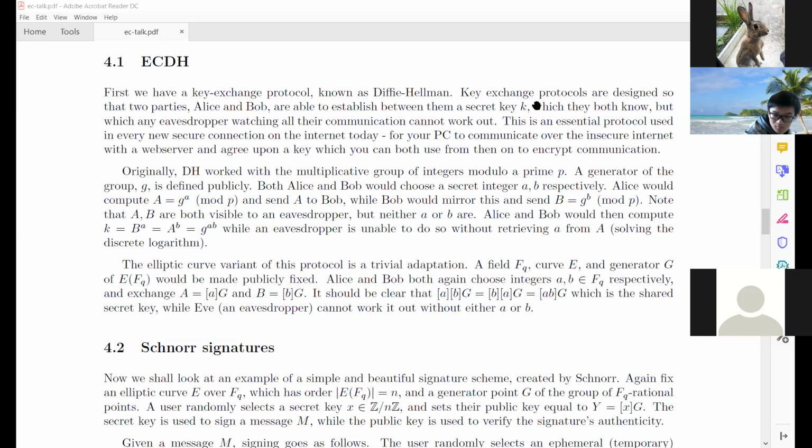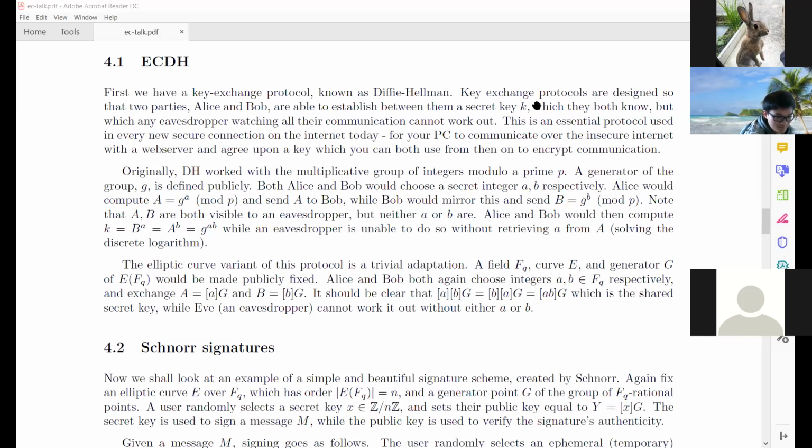And it's really important for how the internet works, right? Because if you connect to Facebook using your laptop, then your laptop and Facebook servers have maybe never communicated with each other before. And they still want to encrypt all the communication between the laptop and the server. So how do they encrypt things if they don't both know the same shared key?